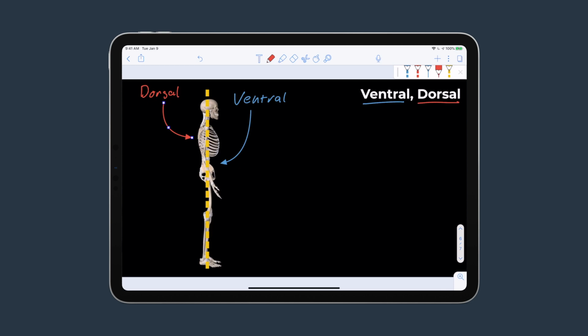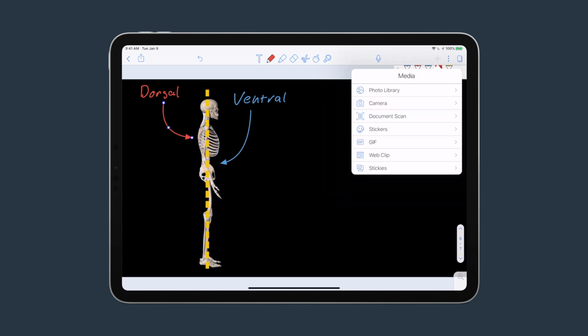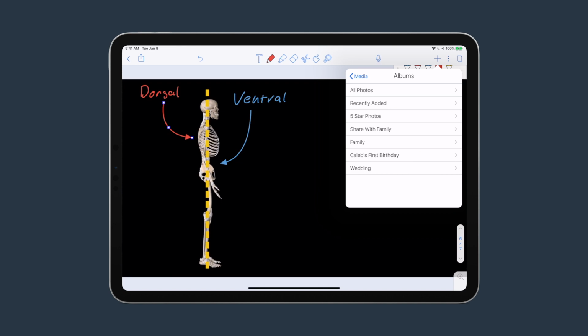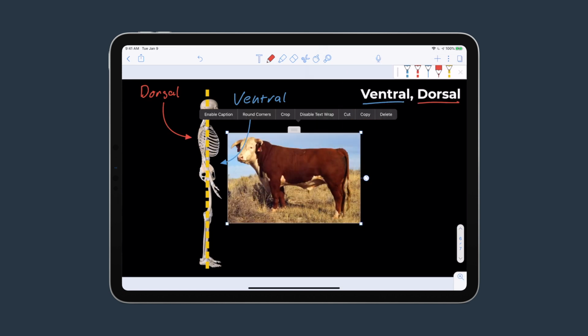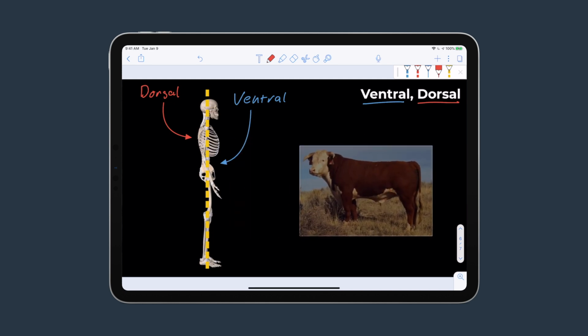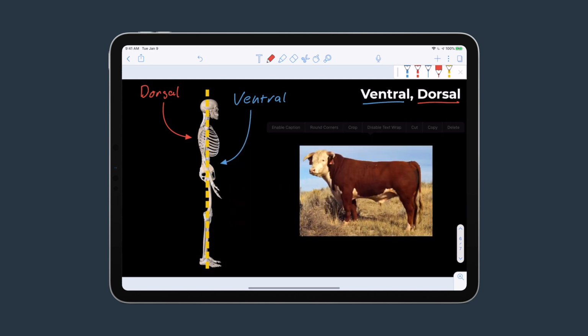This matters and has a distinction because in anatomy and physiology, in your research and elsewhere, you might run into resources that reference quadrupeds or horizontally oriented animals.